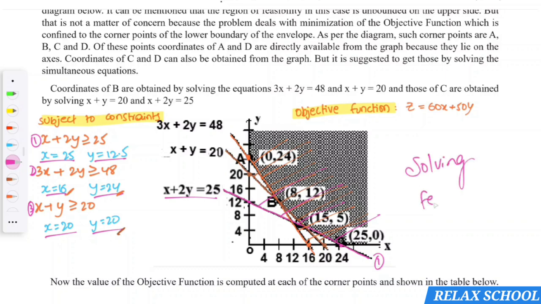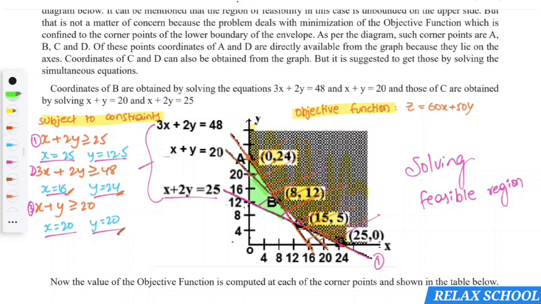So what is the feasible region? The feasible region is always the region which is satisfying all the equations simultaneously. So here, if you properly see, all of this area down in here is the common area, because in this area you cannot find anything except the brown line.